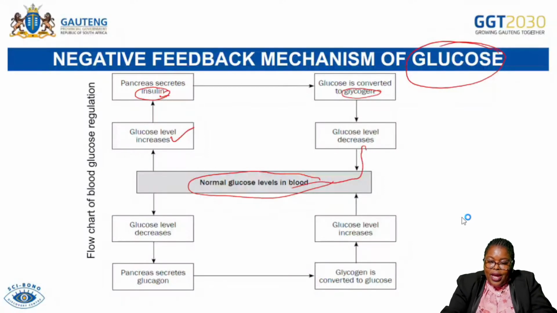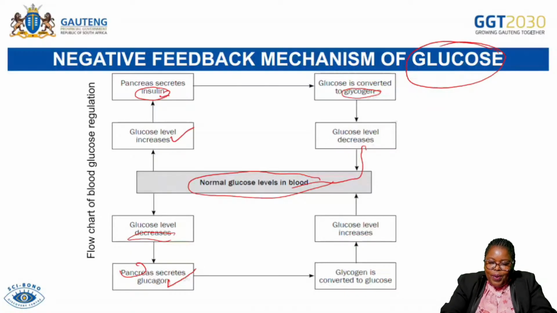Then the opposite way, what will happen if the glucose level decreases? What will happen if the glucose level is low? Then the pancreas is going to secrete glucagon. Do not confuse glucagon with glucose and glycogen. Talk about those terms correctly.